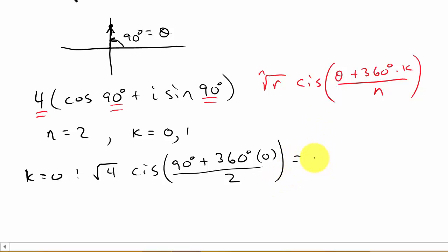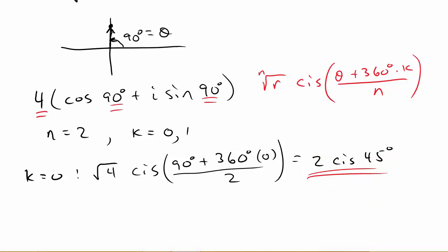And so that would be 2, square root of 4 is 2, and that would be 45 degrees. So there is 1 square root of it.